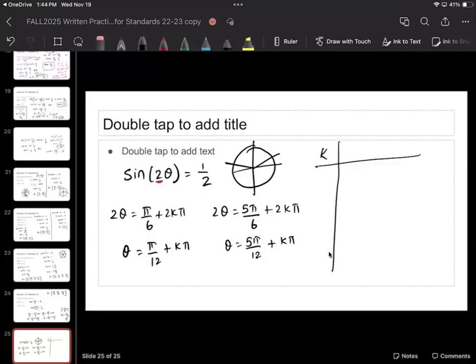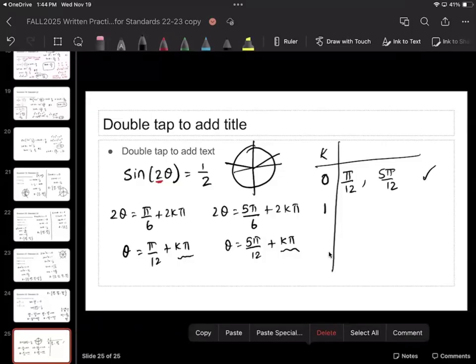Let me make k 0. When I make k 0, this goes 0, this goes 0, right? So I'm left with pi over 12 and 5 pi over 12 as my angles. They check out. Then I make k 1.